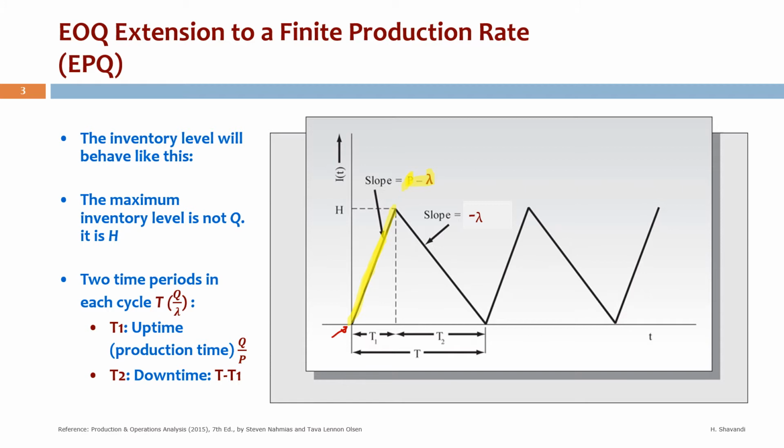The first period in each cycle is called T1, the uptime, the time that we produce the goods, so it's called production time as well.